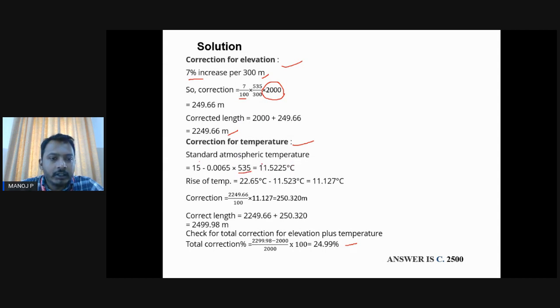So this standard atmospheric temperature is 11.522 degree.